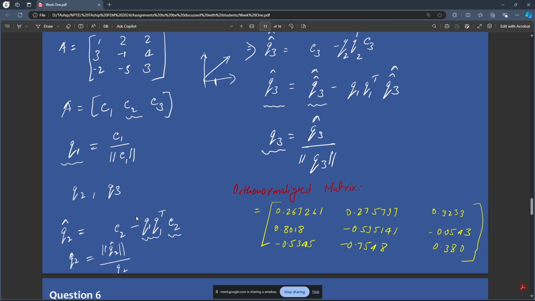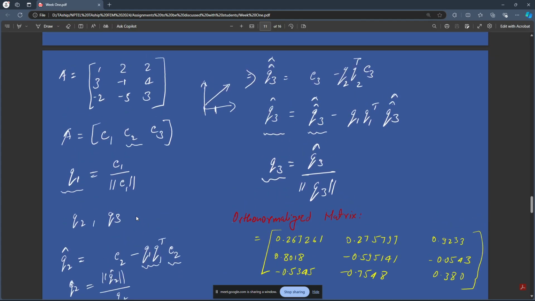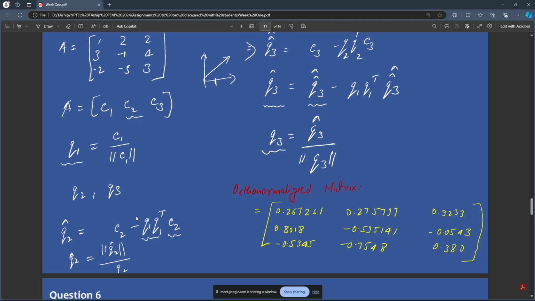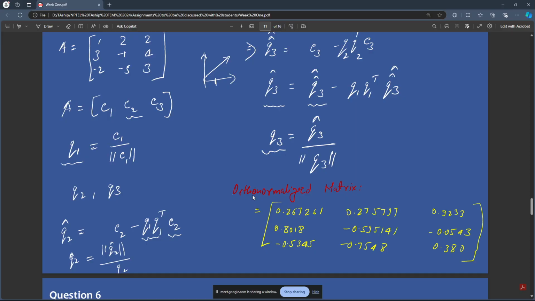Yeah, I'm doing the same, but my Q2 is coming 0. Did you check the calculations? Yeah, I have used similar formulas. Okay, so 1, 3, 2, 1, minus 16.